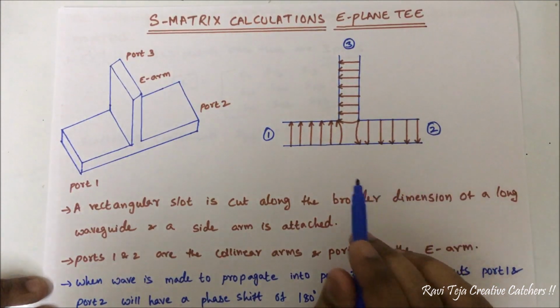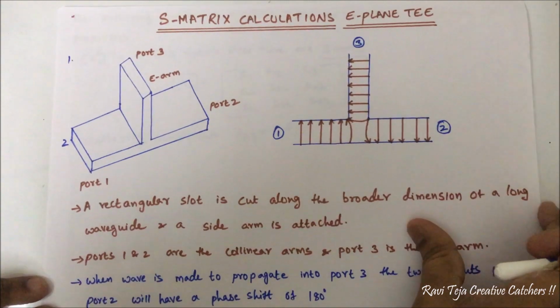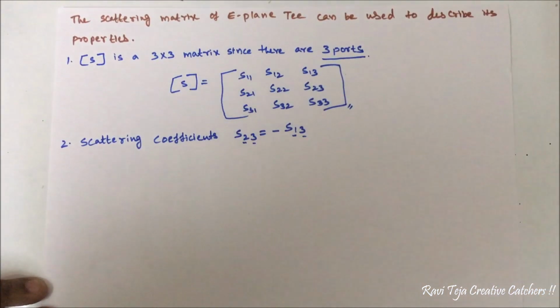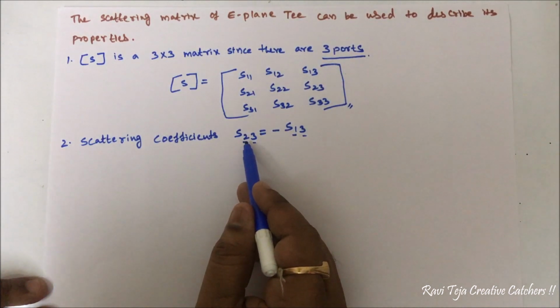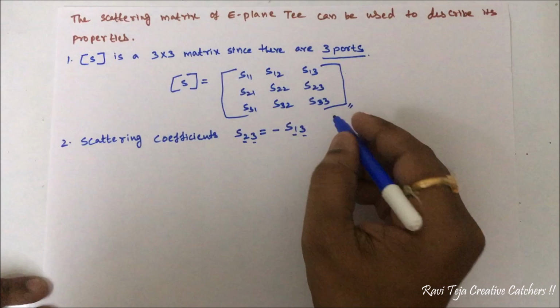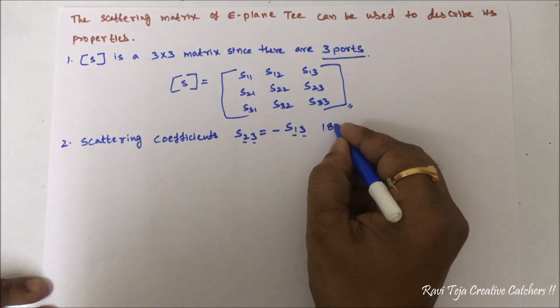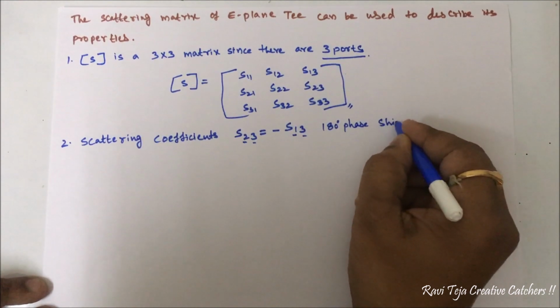So port 1 and port 2 are considered as outputs. S23 is equal to minus of S13, where 2 and 1 are considered as outputs and 3 as input, with 180 degrees phase shift.